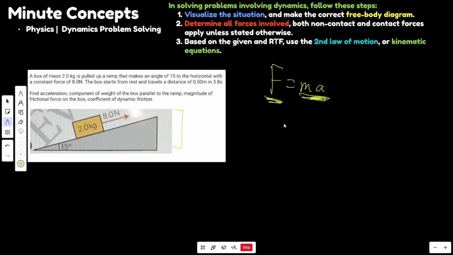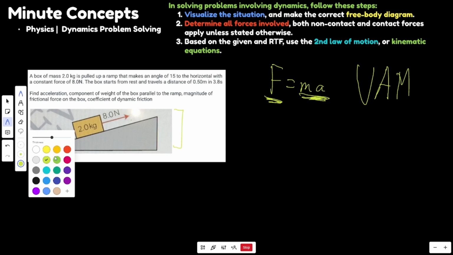And if there's no changing acceleration, we can now use our kinematic equations. Our kinematic equations apply for UAM, or uniformly accelerated motion. And this is why it's important to understand the question first so that we can take the shortcut. In essence, this is the best method, right?